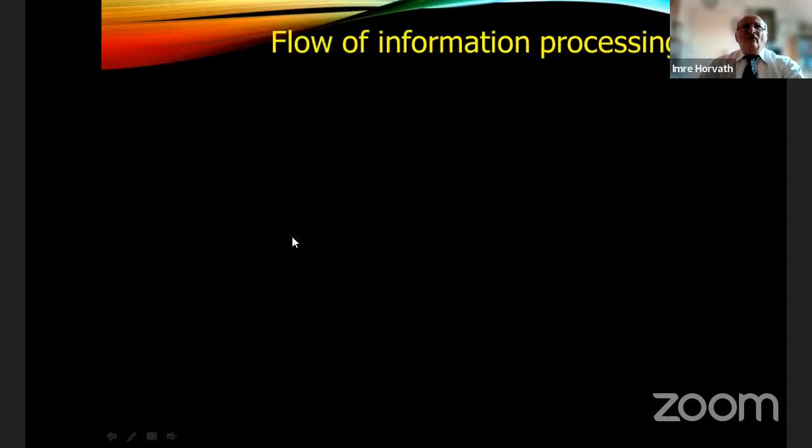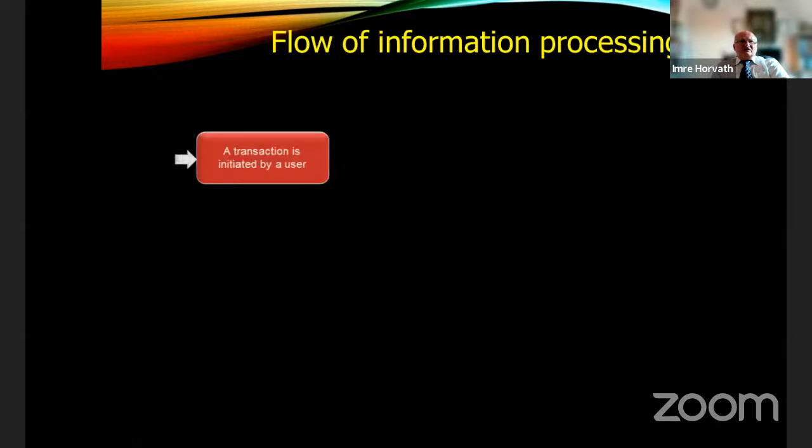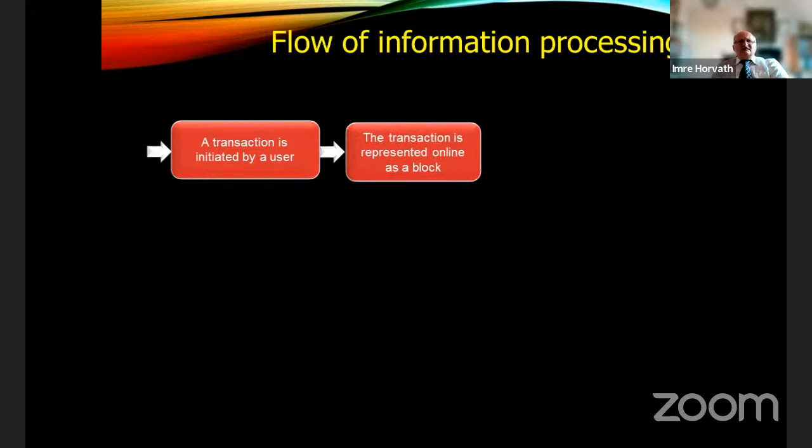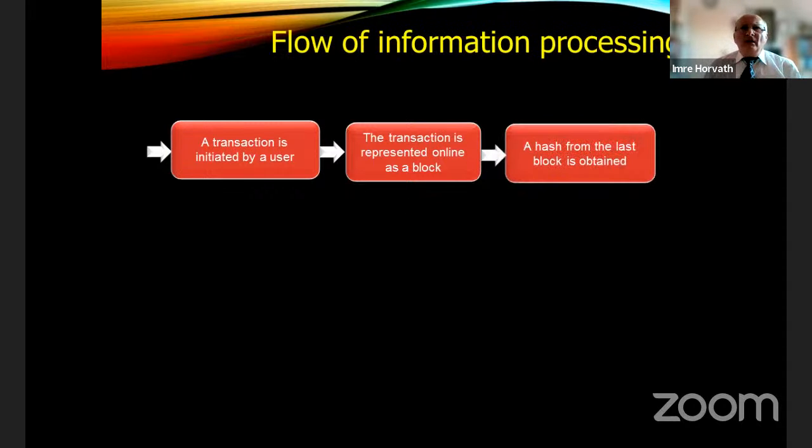There is a specific flow of information. You will see a complex meandering figure here, which describes the flow of information processing. The first element is the transaction initiated by the user. The second is that the transaction becomes represented online as a block. The third step is the hash generation, and as you heard, a hash is taken over from the last block for the actual block in order to connect to it.